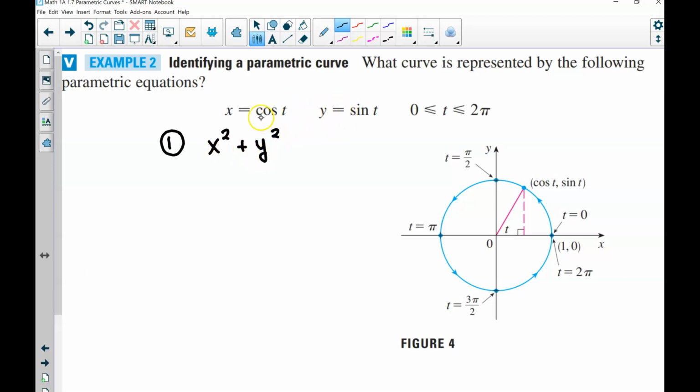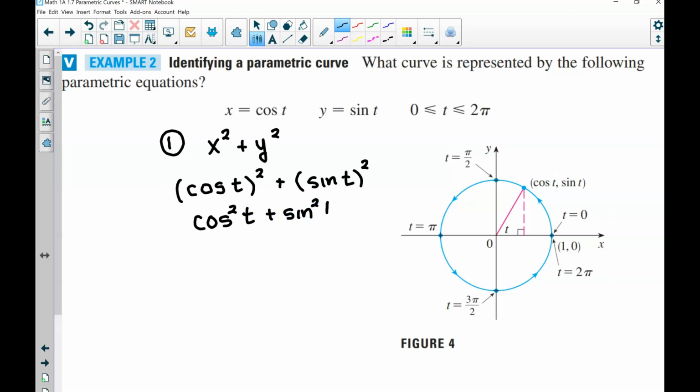The cosine of t is equal to x. So if we take the cosine of t and square it, plus the sine of t squared, we end up with cosine squared t plus sine squared t. Now according to our trig identities, we know that cosine squared t plus sine squared t is equal to 1.